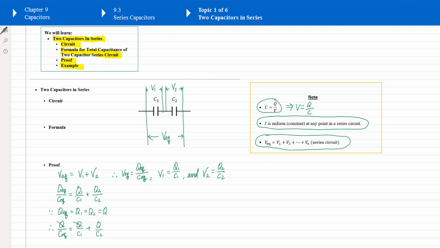Simplify the equation by dividing the common factor Q on both sides, we get one over CEQ equals 1 over C1 plus 1 over C2.